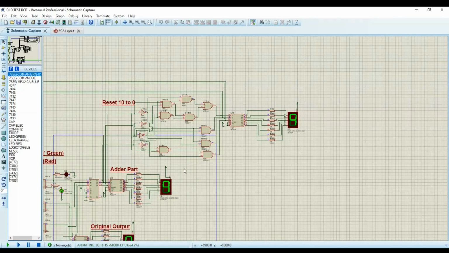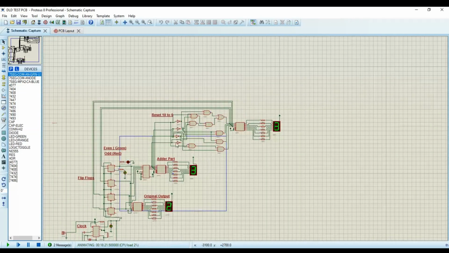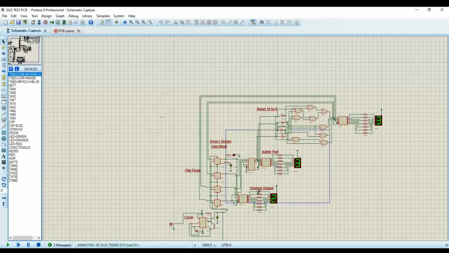Now you will note this: it becomes 10 and this becomes 0 due to all the logic we made using the truth table and K-maps. In this way our whole circuit is working. You can see this was the clock we have discussed before. These are the flip flops.